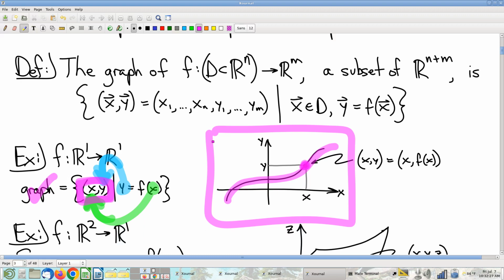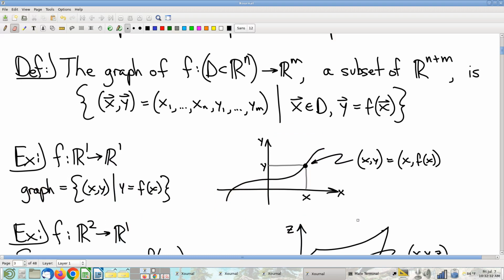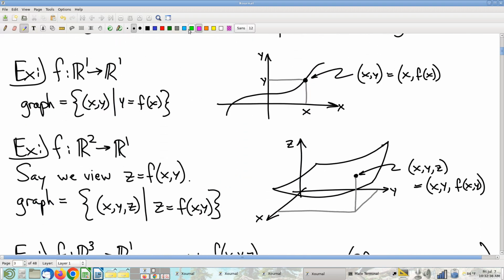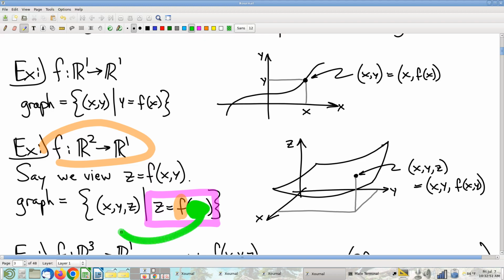Okay, so that's weird. All right, here's another example. Let's see a multivariable version of this. Same basic idea. We're going to write down an equation, z equals f of x, y. Notice I've got my function f here. f is a function of two variables. So I'm going to take my two input variables, x and y. Then I'm going to take my output variable z.